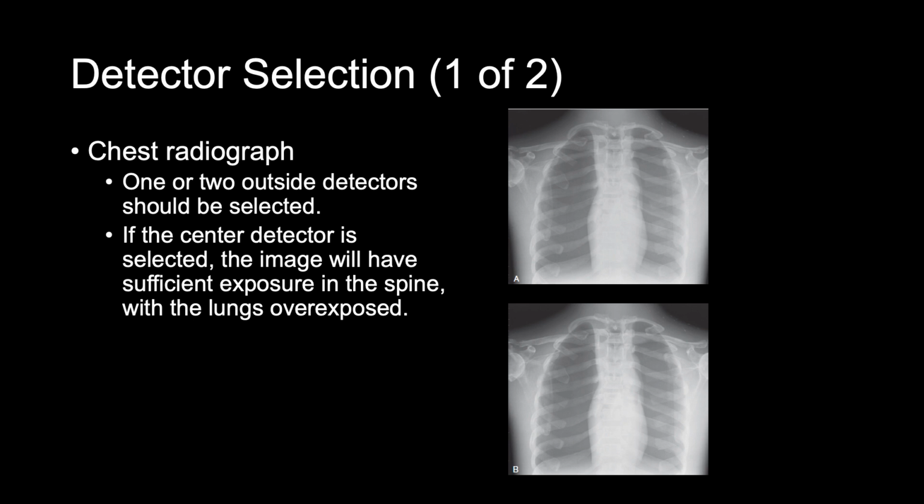If the exposure is made, the resultant image will demonstrate sufficient exposure in the spine with the lungs overexposed. Although brightness was adjusted by the computer, the actual mAs applied and exposure indicator reflect the image overexposure. So it is important for us to evaluate image quality, the applied mAs, and the exposure indicator when using the AEC device.